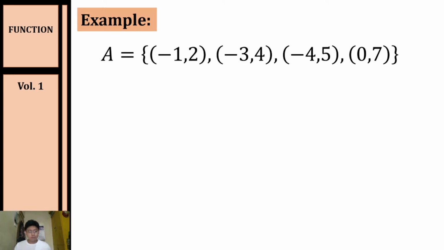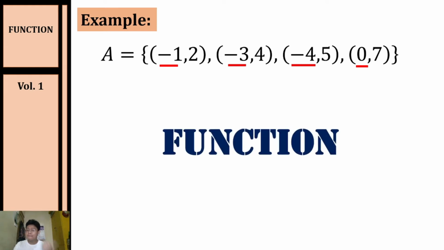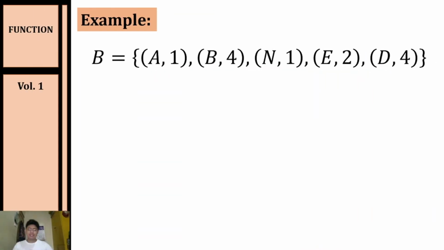First thing that we need to identify are the first coordinates, the domain. So we have -1, -3, -4, and 0. Now the question is, do we have a repeating first element or first coordinate? If the answer is no, we don't have any repeating element, this set of ordered pairs is considered a function.